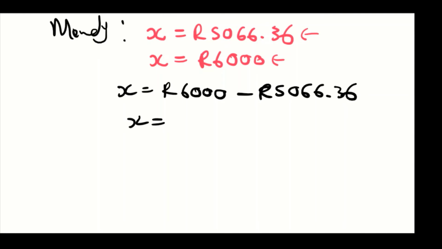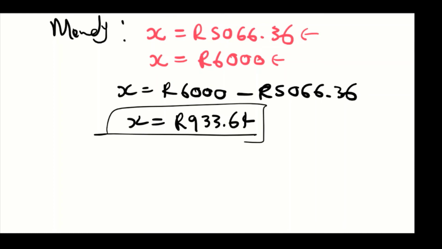We're just going to calculate the future value annuity. So the difference between these two is just going to give you 933.64, right?